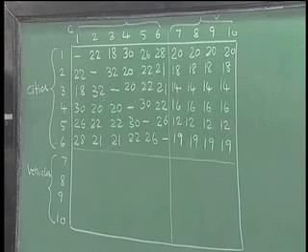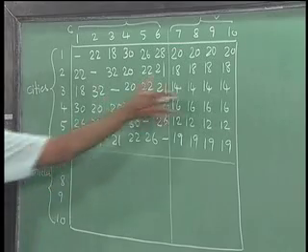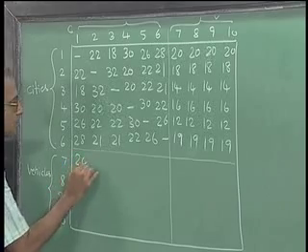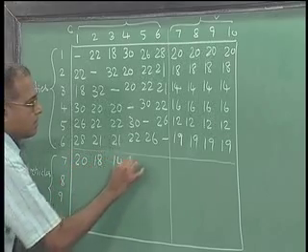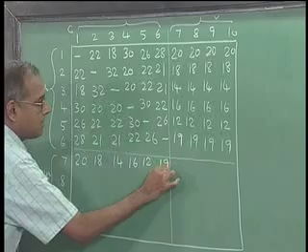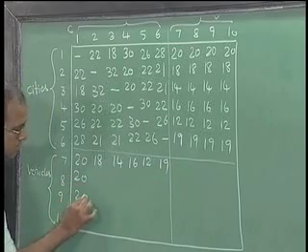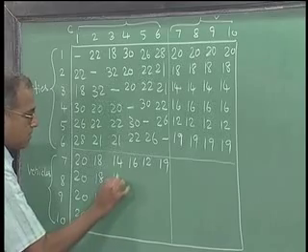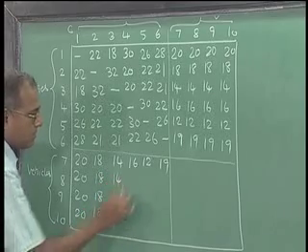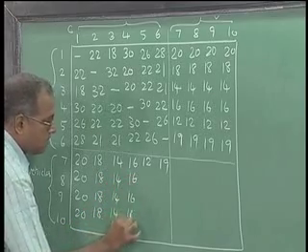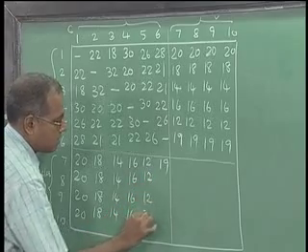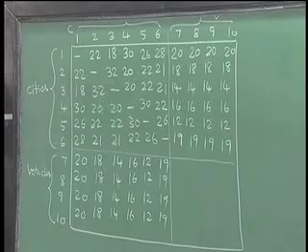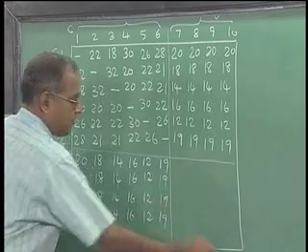Now, again because of symmetry, it is fairly obvious that this portion will come here as well. So, we write. Now, what are we going to do with this 4 by 4?